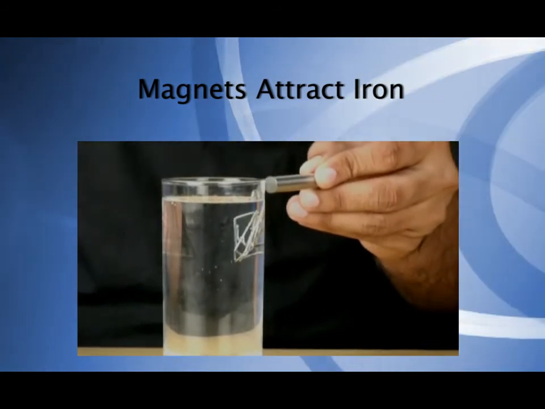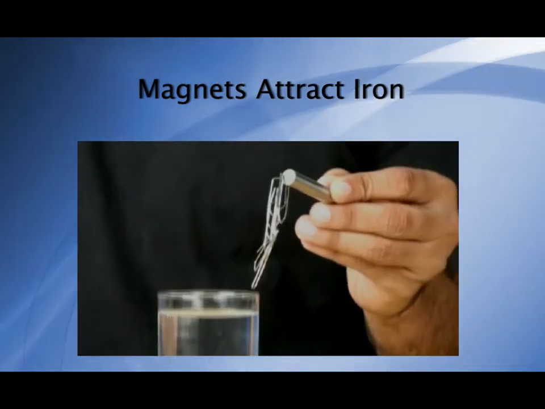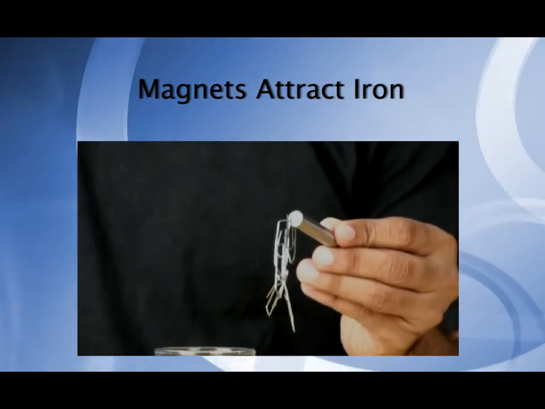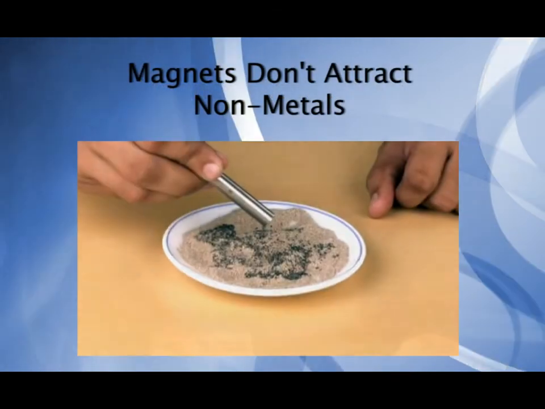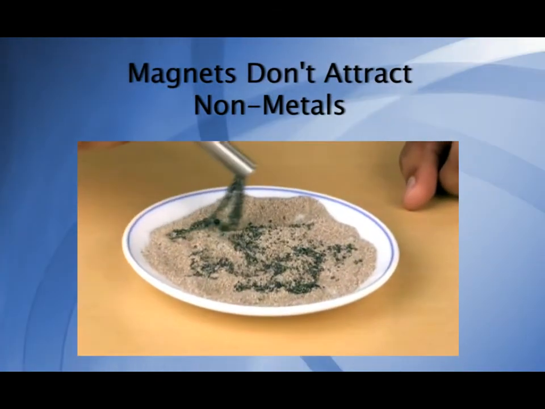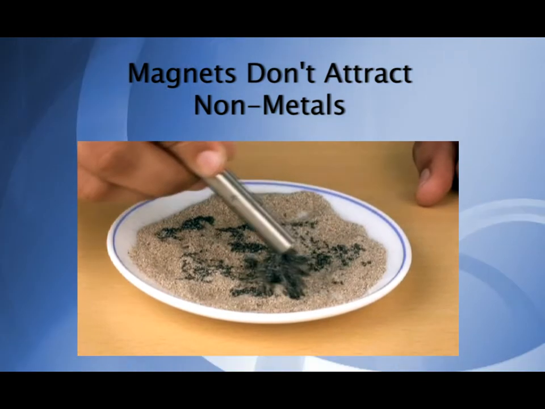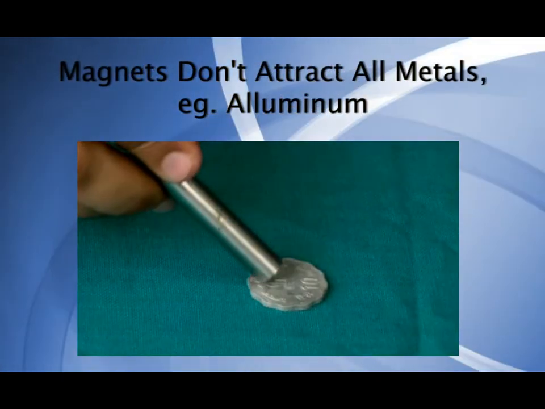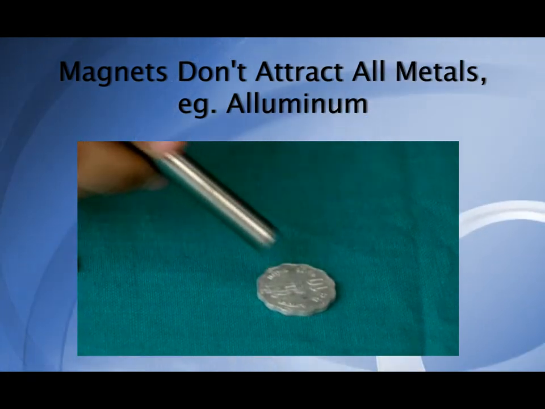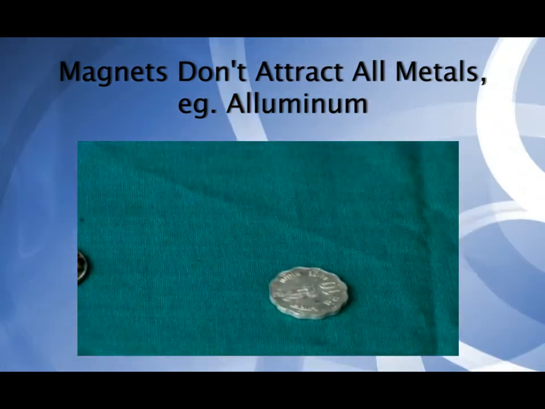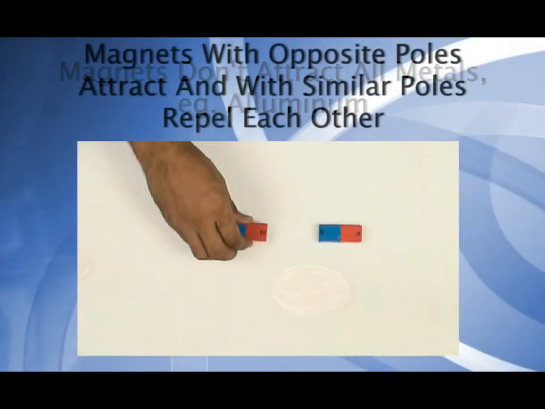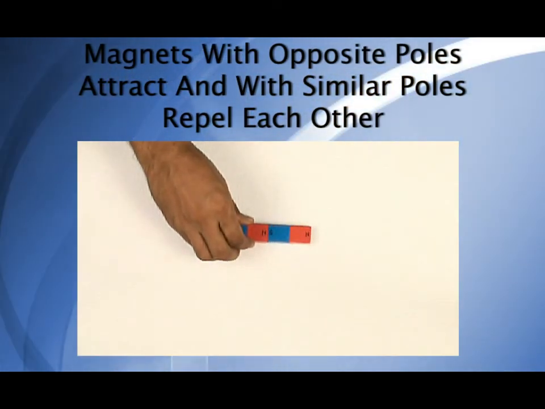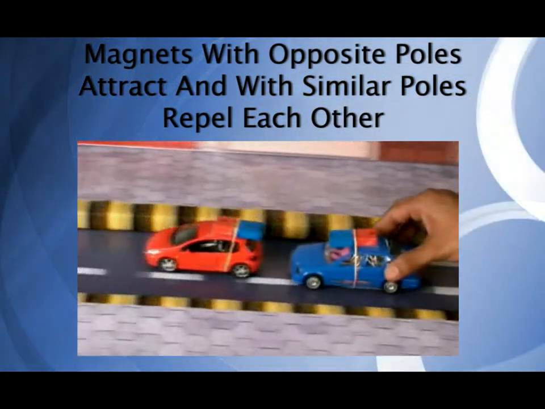Now you know that magnets attract iron. Magnets don't attract non-metals like sand. Magnets don't attract all metals, for example, aluminium. Magnets with opposite poles attract, while magnets with similar poles repel each other.